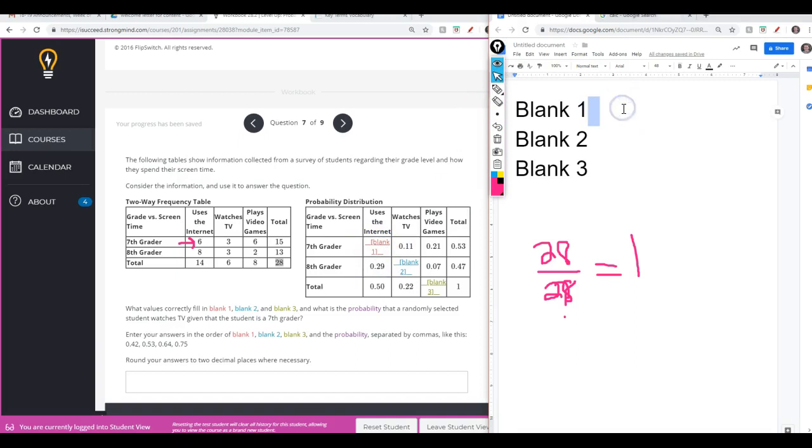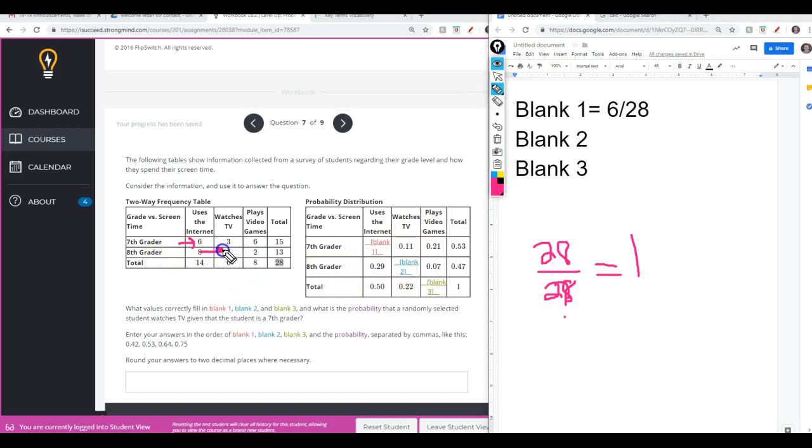So blank 1, we're going to take 6 because that's the same slot that blank 1 was, and 6 is the number of people that use the internet and are in 7th grade. 6 out of the 28 people surveyed. Let's just go to blank 2. Blank 2 is 8th graders that watch TV.